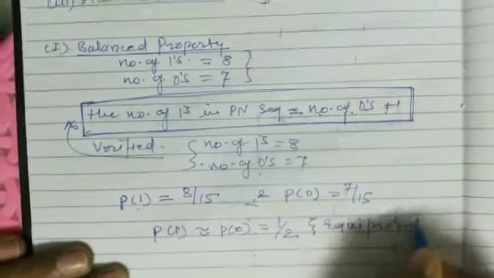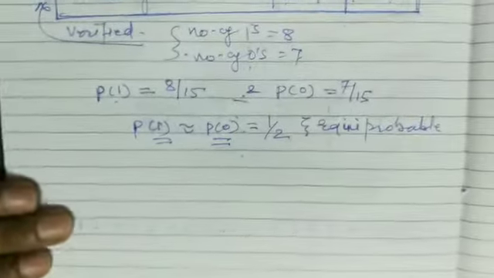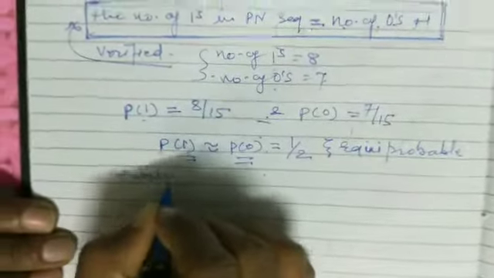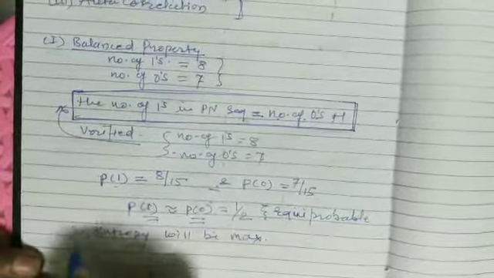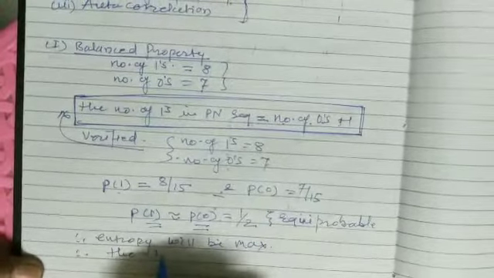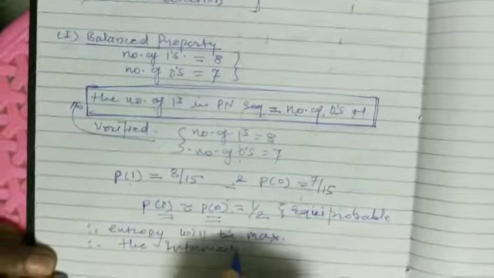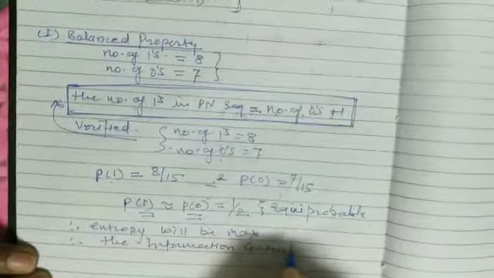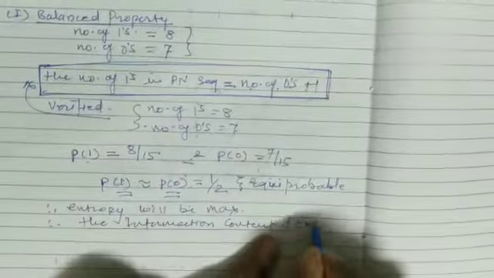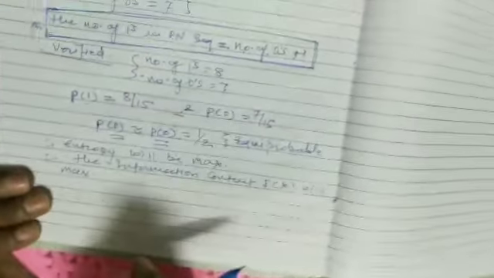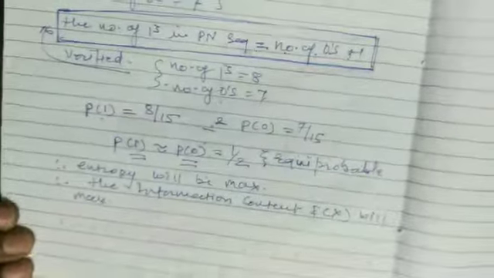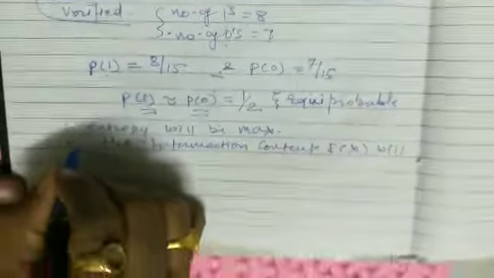Since these symbols are equiprobable, the entropy will be maximum, and therefore the information content I of x will be maximum, or in other words, maximum information will be conveyed. This is the first property, the balance property.